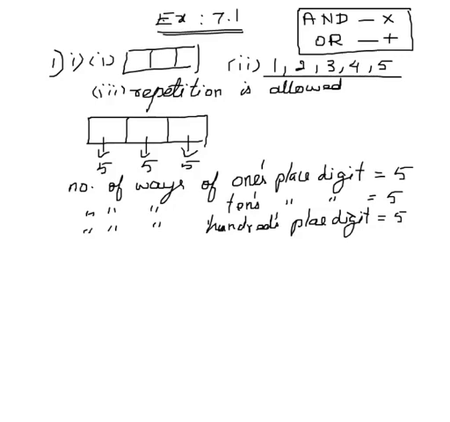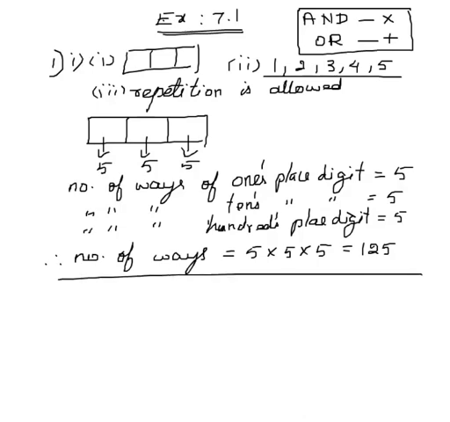Now we need all the 3 digits. I need ones place digit and tens place digit and hundreds place digit. So I need to multiply. Therefore, total number of ways is equal to 5 into 5 into 5, 125. So I can form 125 3-digit numbers using the given digits when repetition is allowed.